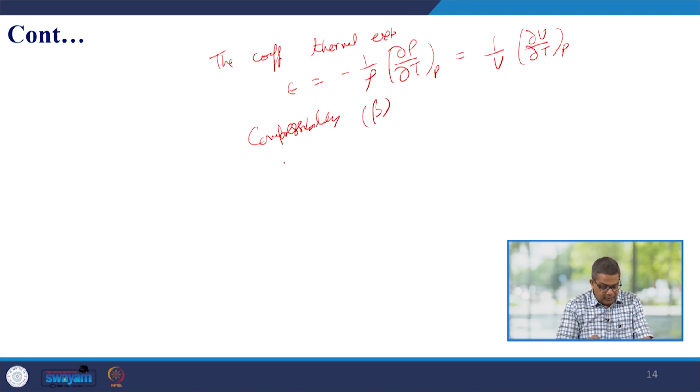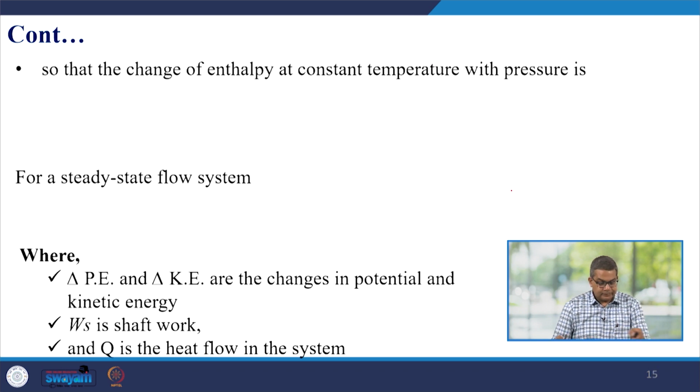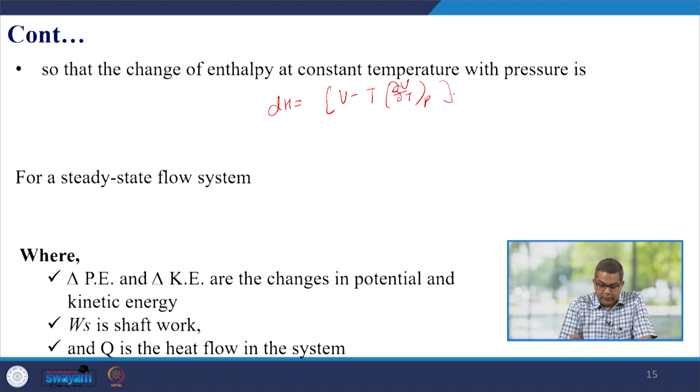Compressibility beta can be defined as beta is equal to 1 over rho, del rho over del P at constant T, which is equal to minus 1 over V, del V over del P at constant T. The change in enthalpy at constant temperature with pressure is given as dH is equal to V minus T del V over del T at constant P, into dP.